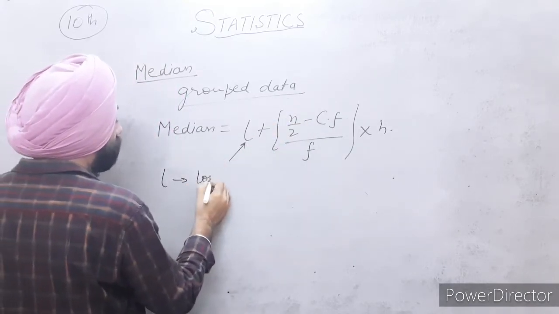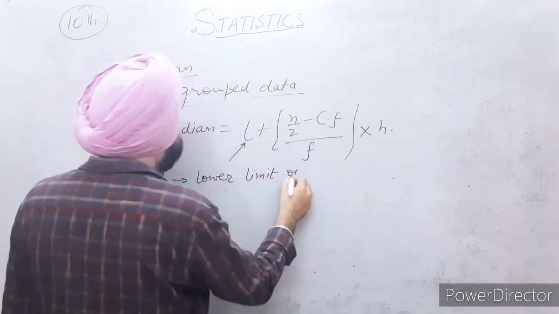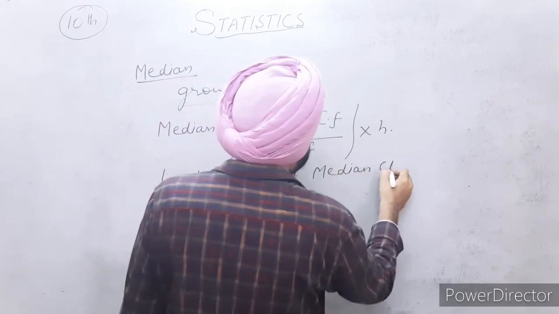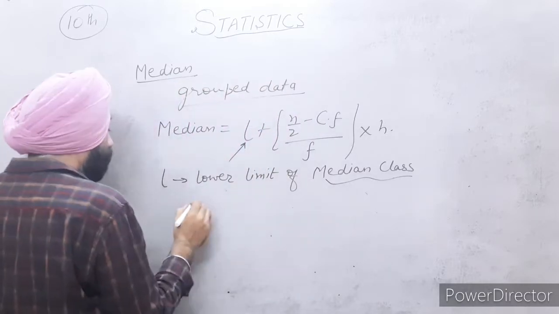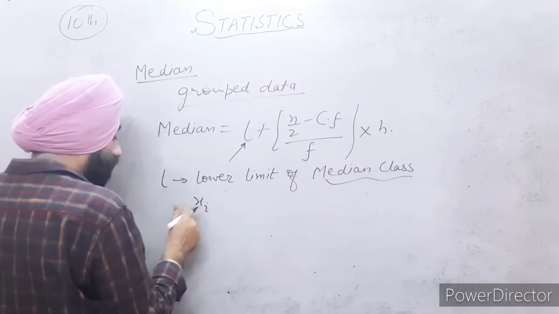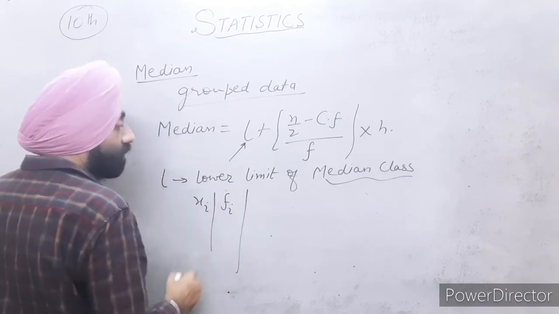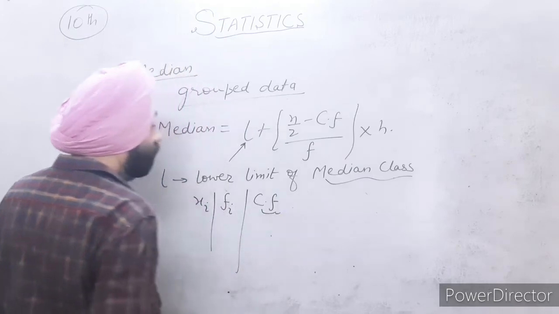L is the lower limit of the median class. How do you find the median class? For this, say we have xi, the mid value, and the frequency is given to us. We calculate the cumulative frequency.